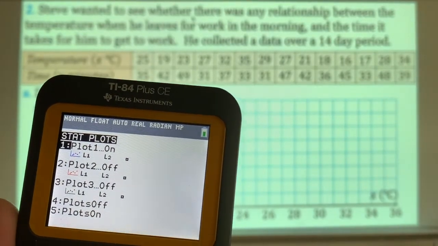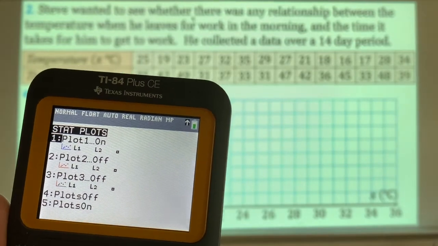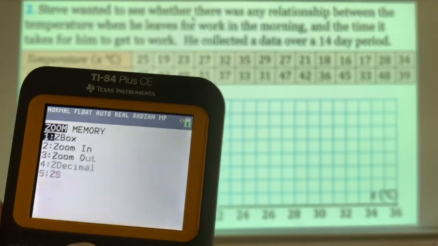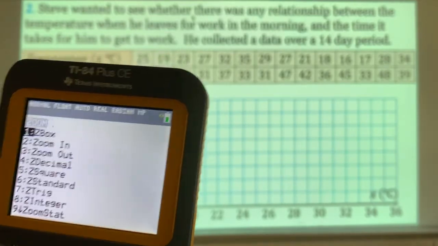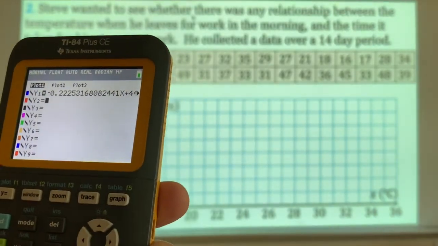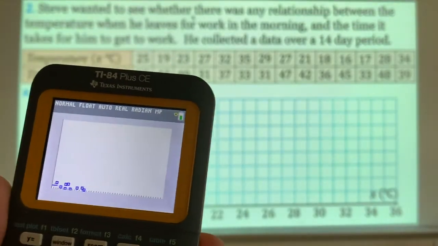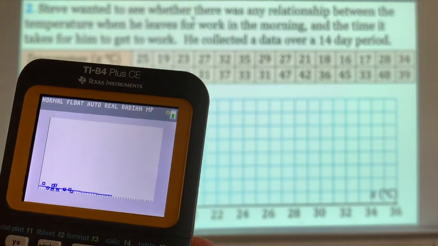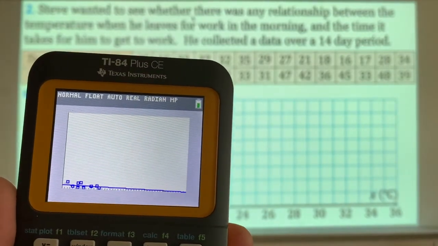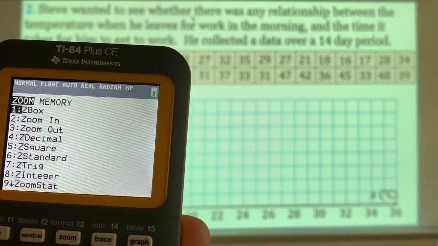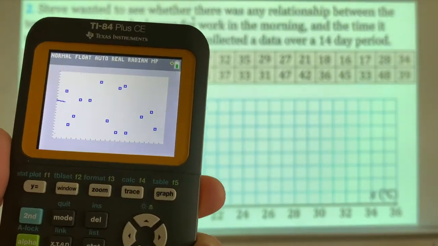My plot is on. So then I hit zoom. Wait a second. Y equals, graph. Zoom. That's a pretty crummy graph. All right, so that's my graph. Zoom stat number 9.